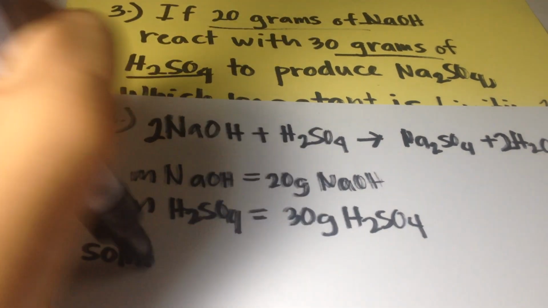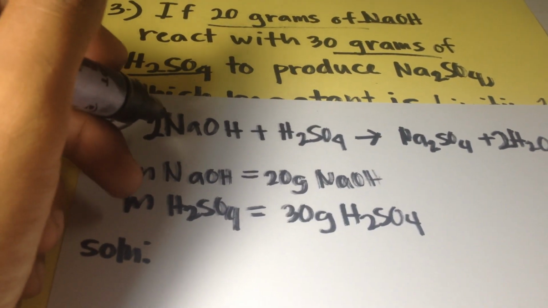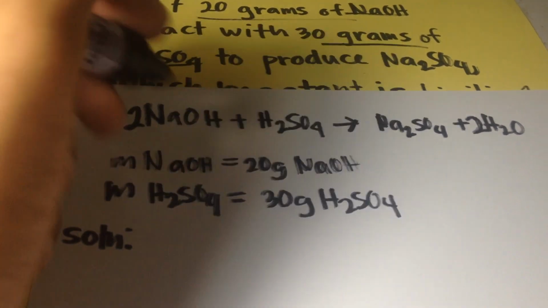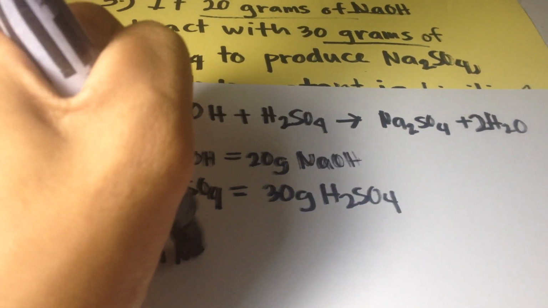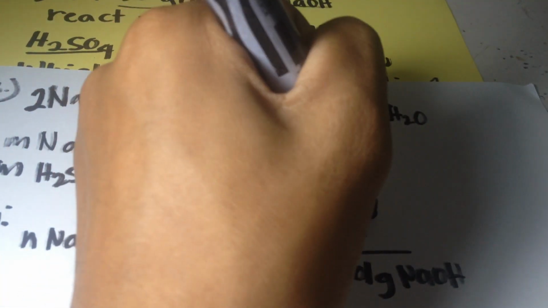Second step is we need to get the moles of each compound. So, moles of sodium hydroxide is equal to 20 grams of sodium hydroxide times 1 mole of sodium hydroxide over 40.01 grams of sodium hydroxide.